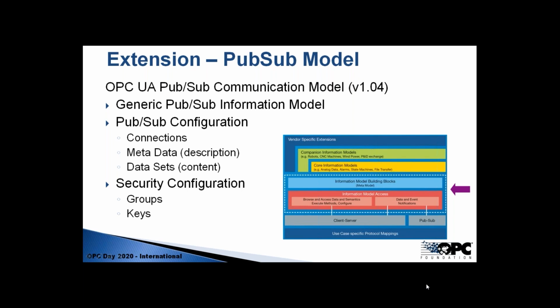So we have a generic PubSub information model, and we have a configuration where you can configure the connections, the metadata, which is a description of the content of the data that is sent, and the data set itself, which is the content. And also the security configuration goes through this configuration model of PubSub.